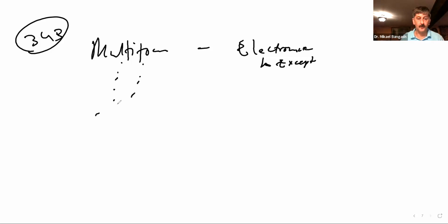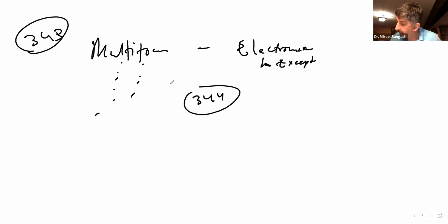Question 344. All of the following occur with focusing except lower intensity of focus. That's the thing that doesn't occur at focusing. It's rather the vice versa.